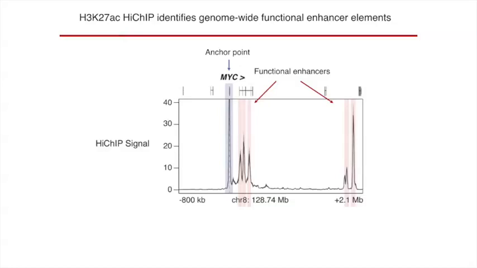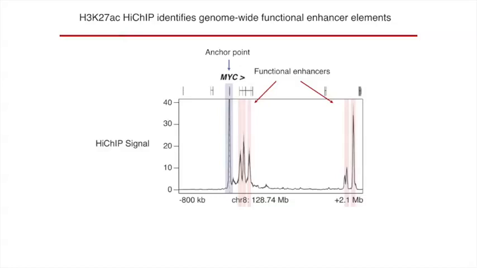What we did in this case and in several others is to compare the signal that we get from HiChIP to high-throughput functional CRISPR screens. These are tiled screens. In this case, we compared it to a screen done by Eric Lander and Jesse Engreitz at the Broad Institute. Jesse and Eric tiled 100,000 CRISPR guides along this exact same locus and asked which of those guides impacts MYC expression.